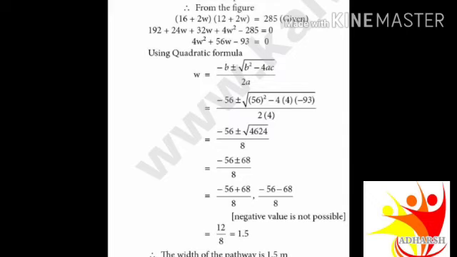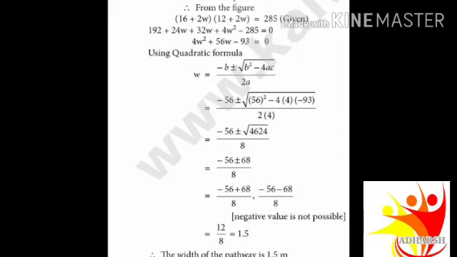Now using the quadratic formula method, here A value equal to 4, B value equal to 56 and C value equal to minus 93. So W equal to the quadratic formula, minus B plus or minus root of B square minus 4AC, divided by 2A.